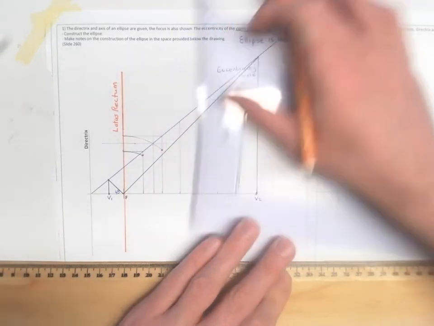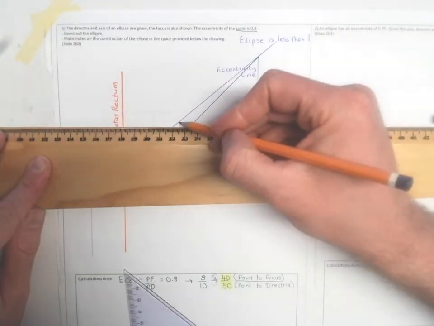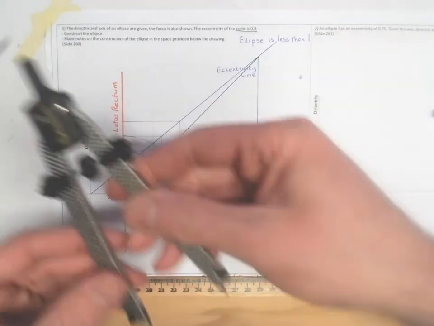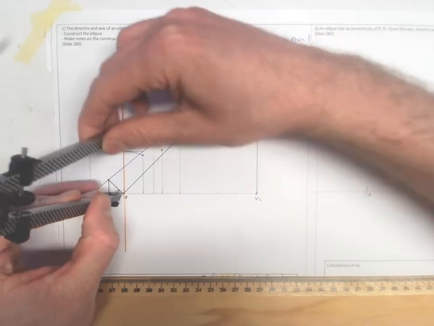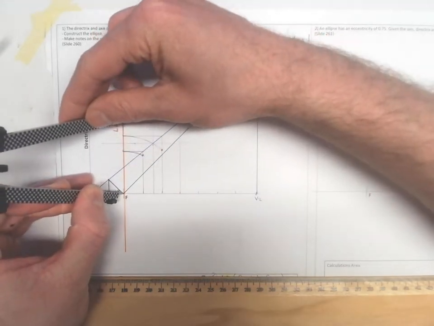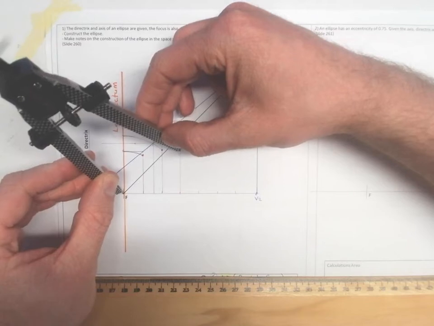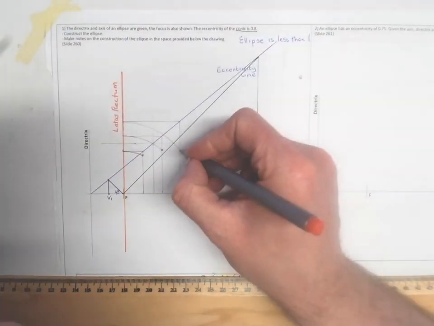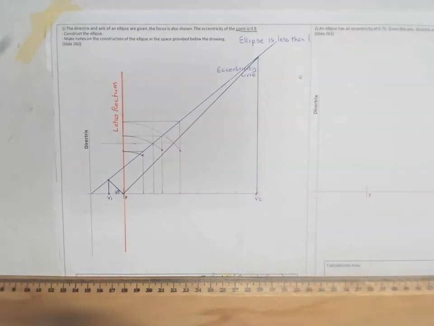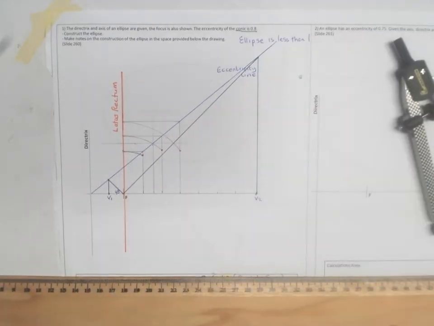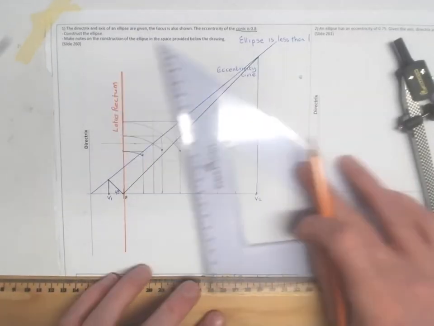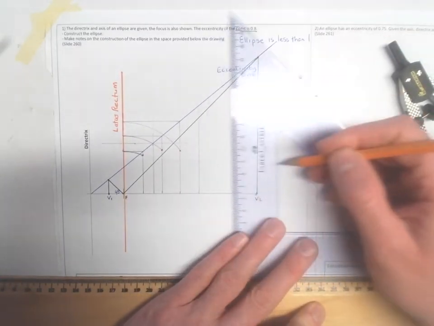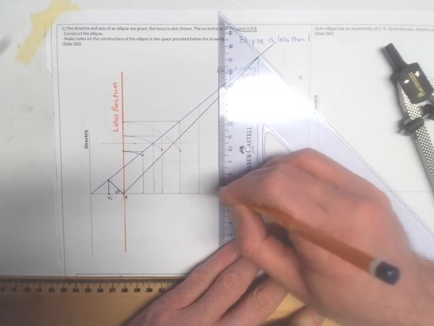Up to hit the ECC. Back to the latus rectum. Your focus is your center. Take that distance, swing it down, and that's a point. Quickly do the rest. If you want to do 2 or 3 at a time, you can.